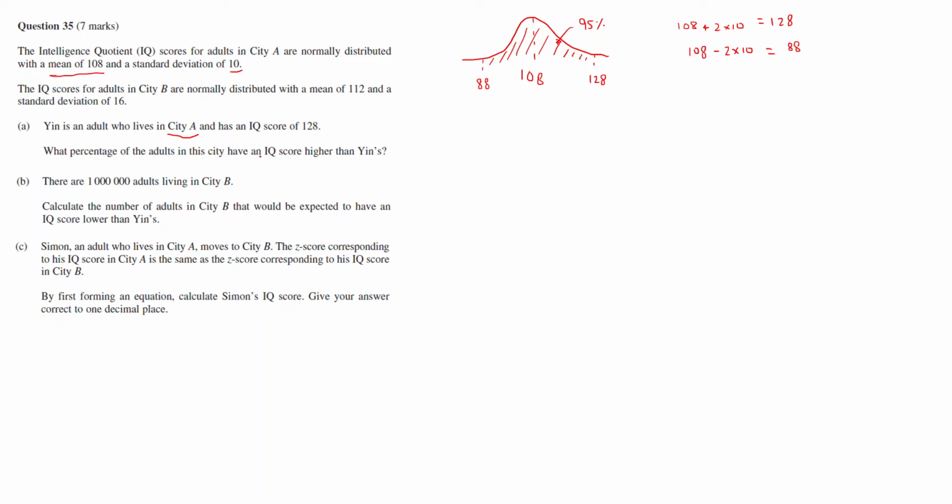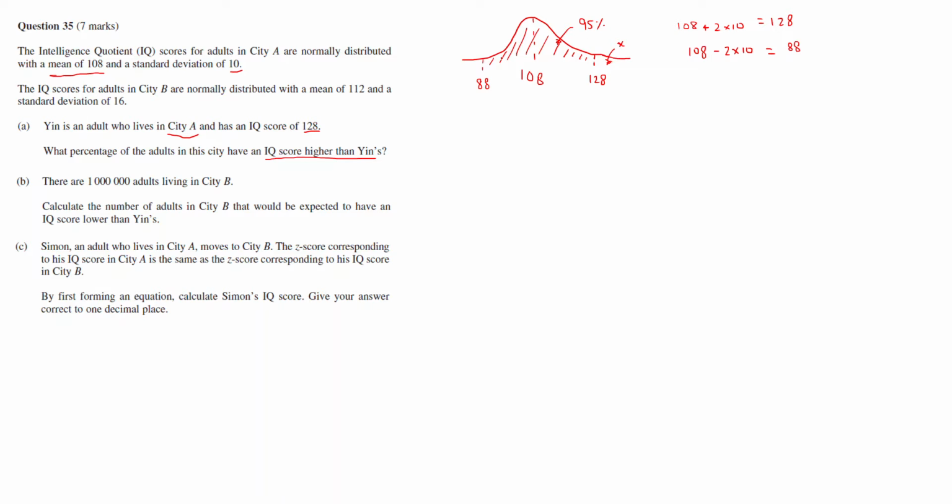But the question is asking what percentage of the people have IQ score higher than Ian. So what the question is interested in is, because Ian's score is 128, which aligns very well with this 128 from the empirical rule, what percentage is above 128, higher than Ian's IQ.